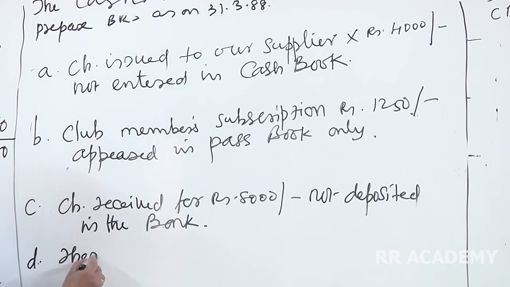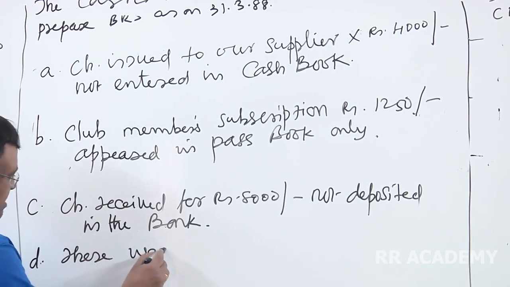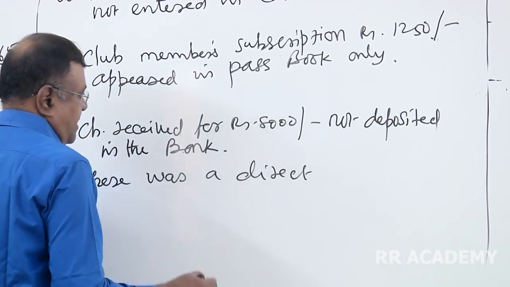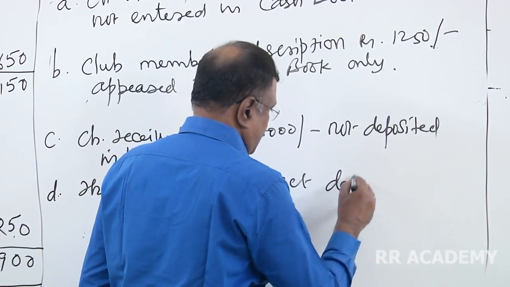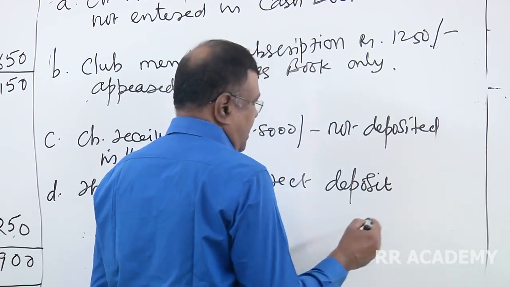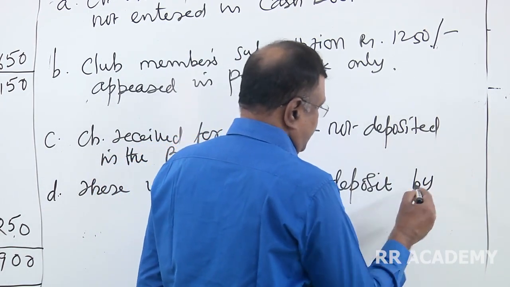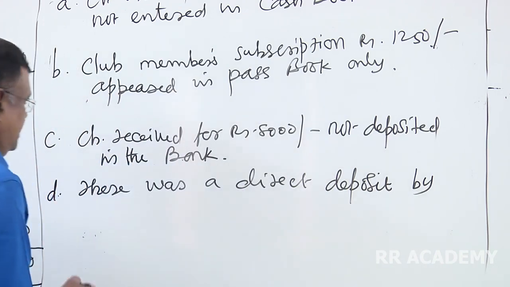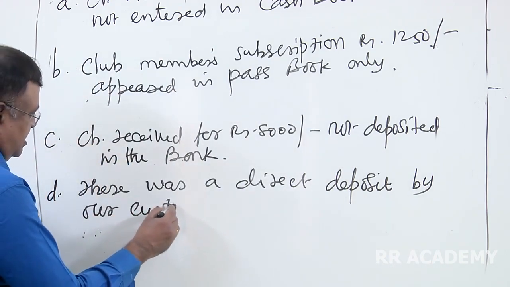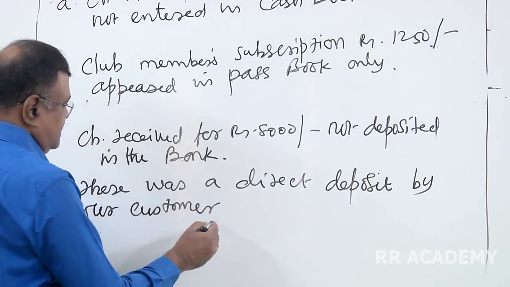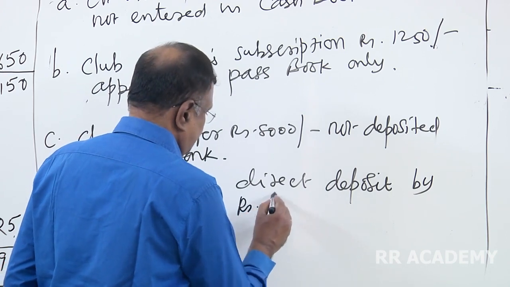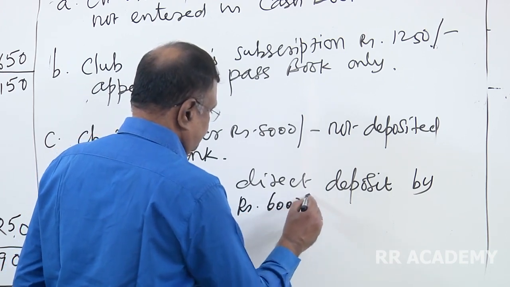There was a direct deposit by our customer, rupees 6,000.